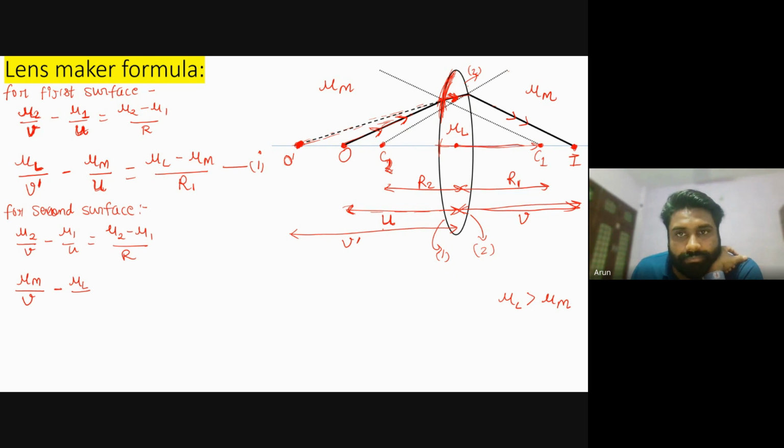Okay. So here for the second surface, focus on this ray. I'm using the laser pointer here. This ray would appear to be coming from this point to the second surface.